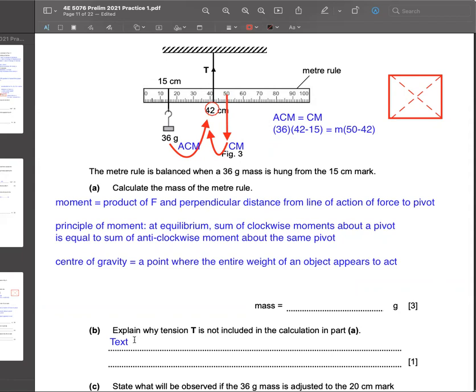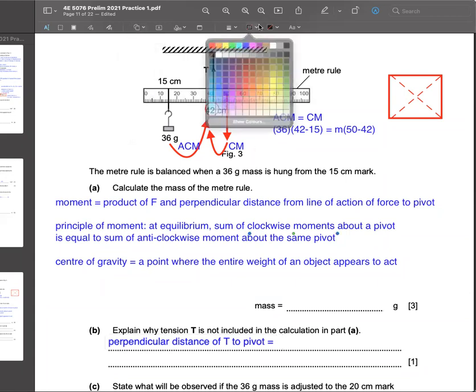So what is the perpendicular distance of T to the pivot?